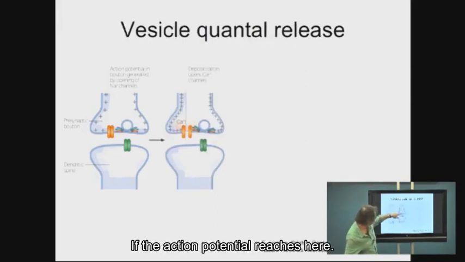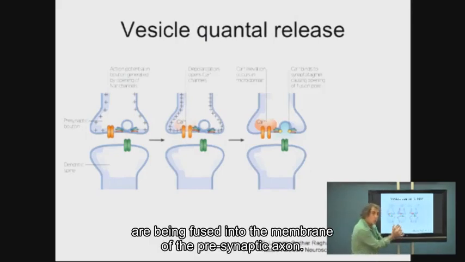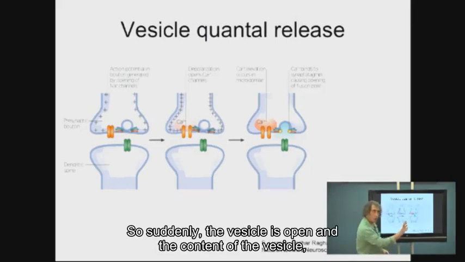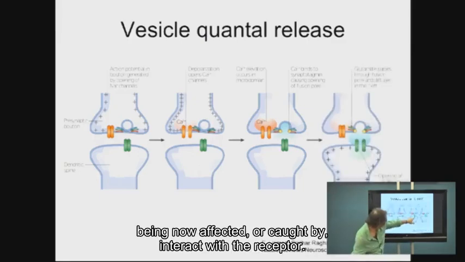If the action potential reaches here, the vesicles, as you will see, are being fused into the membrane of the presynaptic axon. So suddenly the vesicle is open, and the content of the vesicle, the transmitter, can be now crossed through into the gap and being now affected or caught by, interact with the receptor.